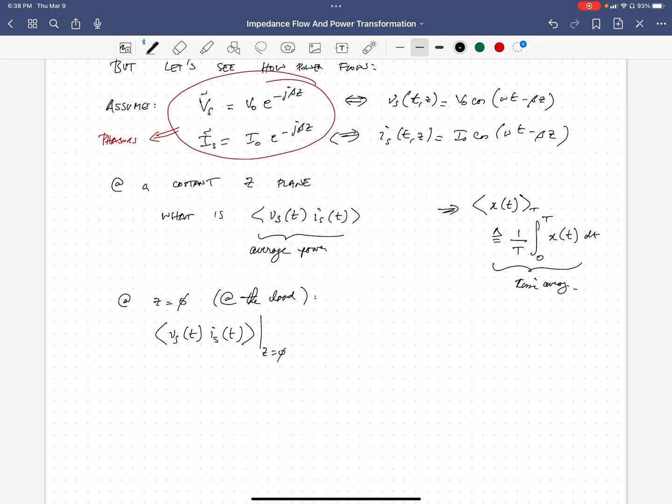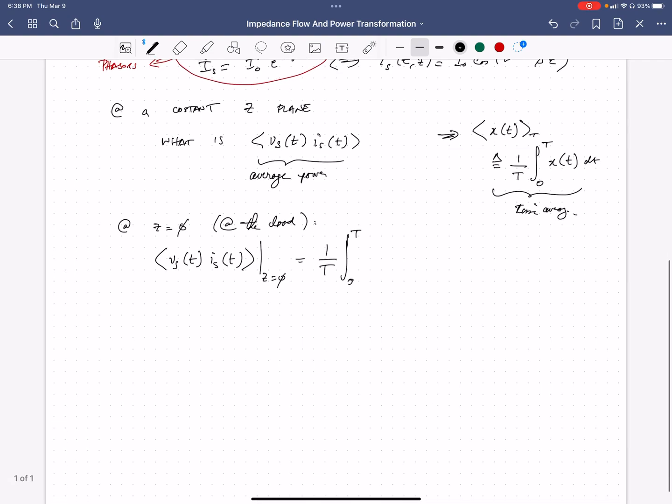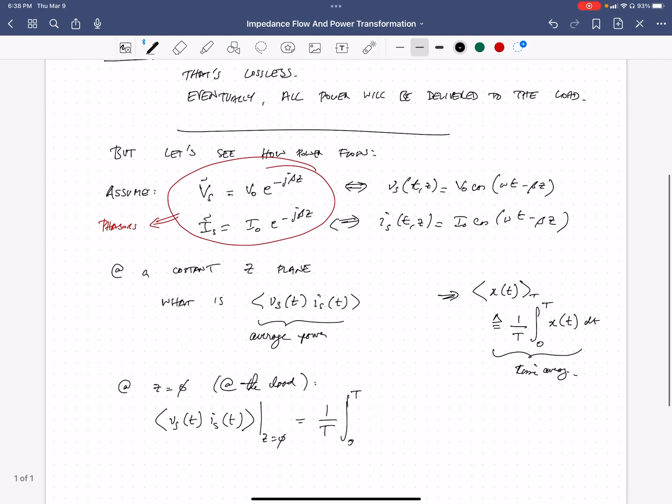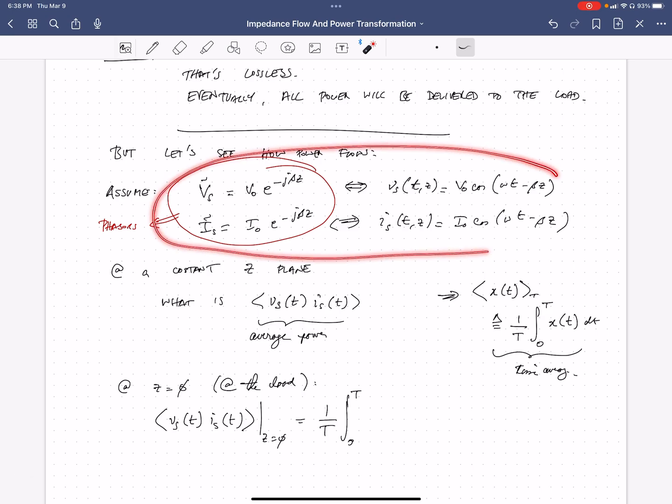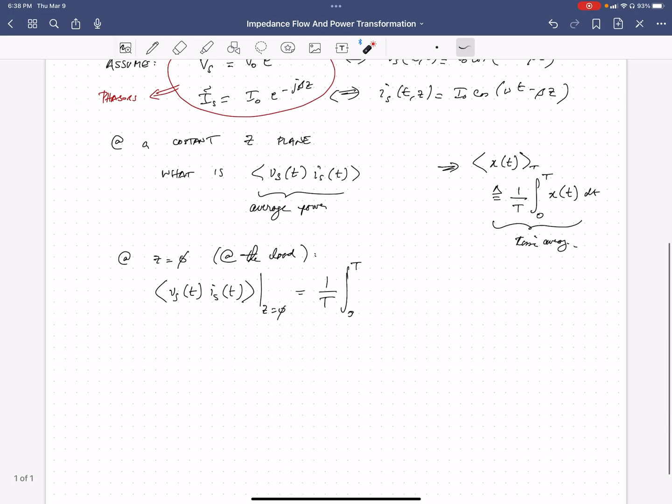At z equal to 0, the average value is 1 over T, for any period you're measuring, the integral from 0 to T of the plugged-in values. It ends up being V0 I0 cos squared omega t averaged, which equals V0 I0 over 2.